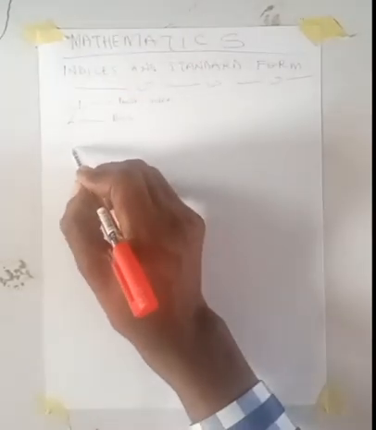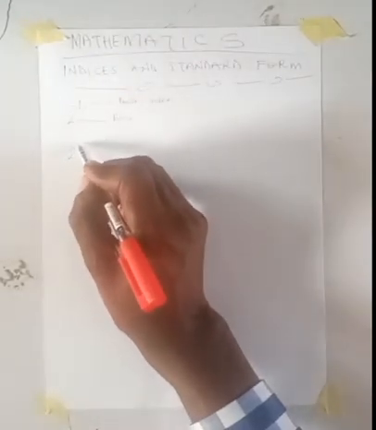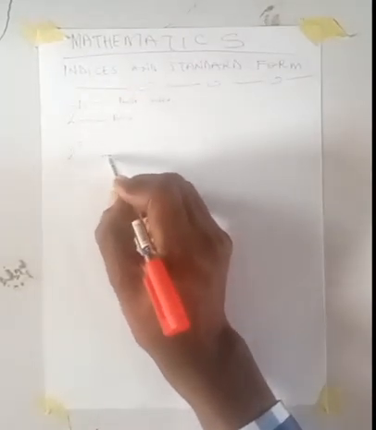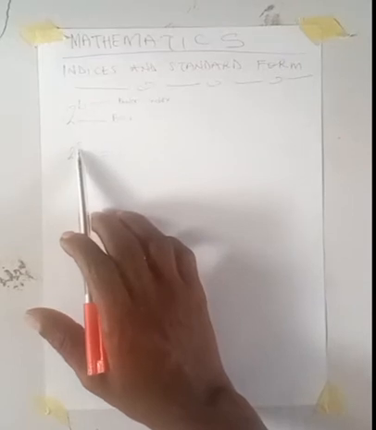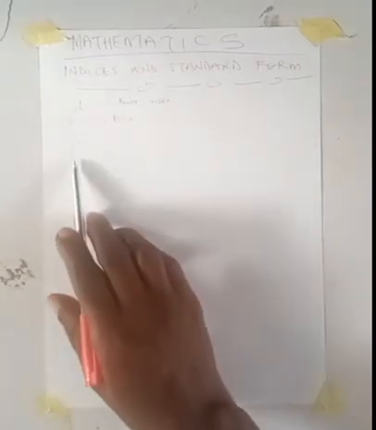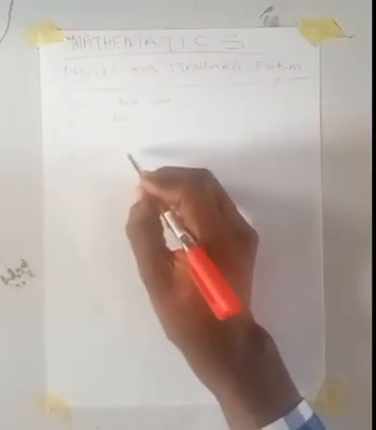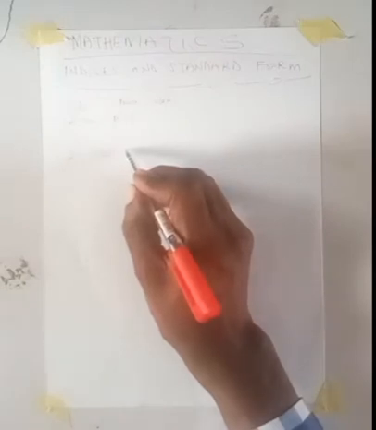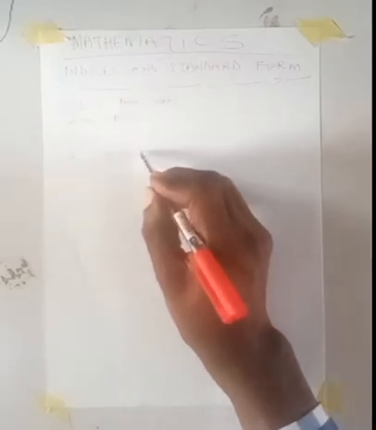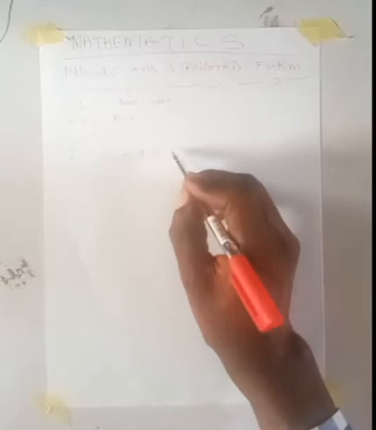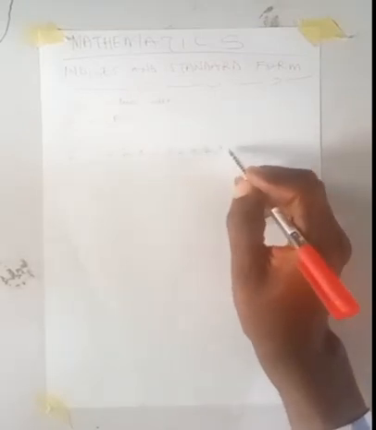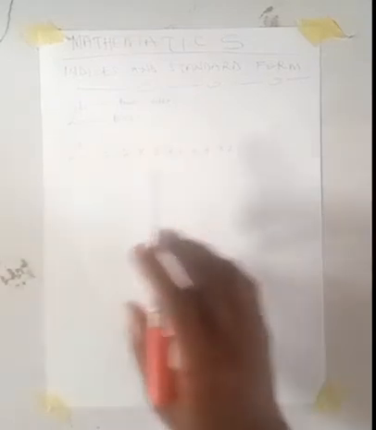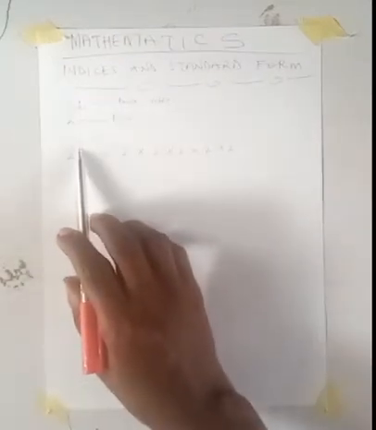For instance, if I have 2 raised to power 5, the sole meaning is that this 2 should be repeated 5 times. So we are going to say 2 times 2 times 2 times 2 times 2, because the power it has is 5.